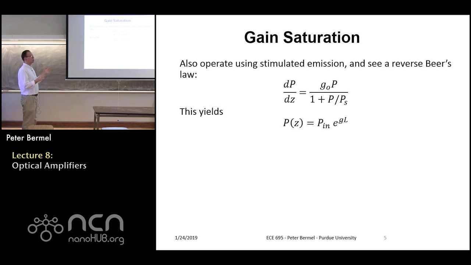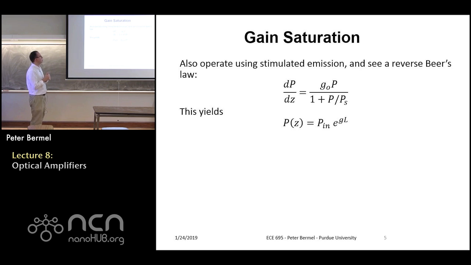Now, there are some complications, of course. One is gain saturation. If you have a tremendously high amount of input power, you can also try to amplify it, but the gain factor may not be as large. What this is showing is that there's often a so-called saturation power, P sub s.